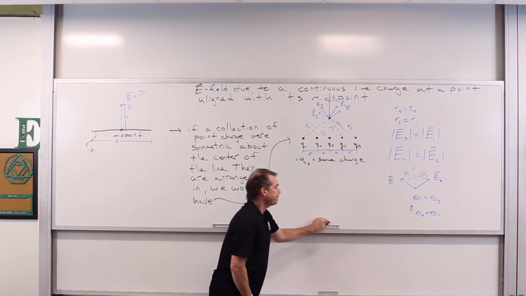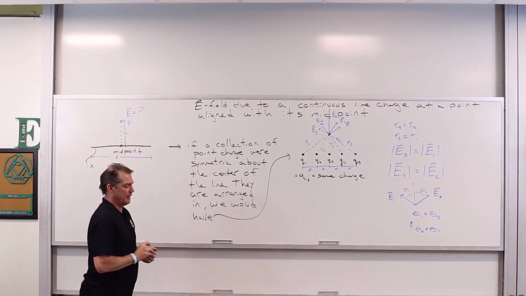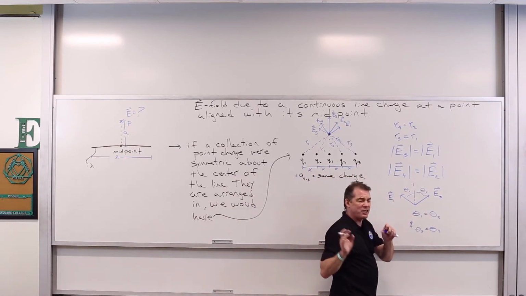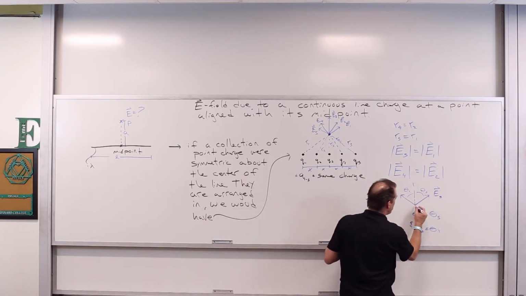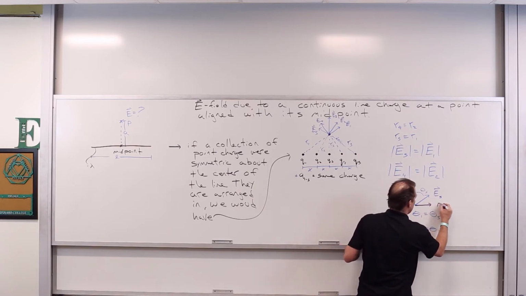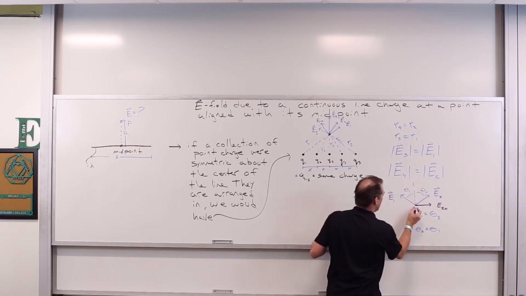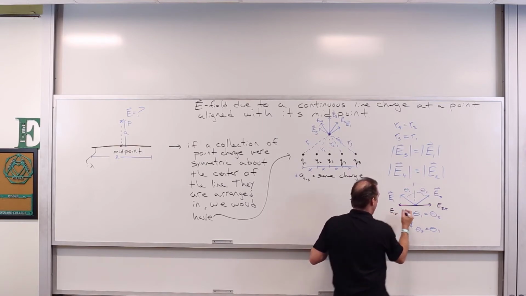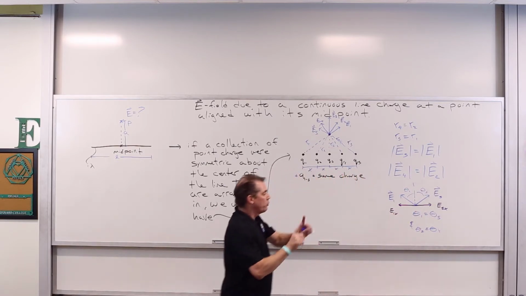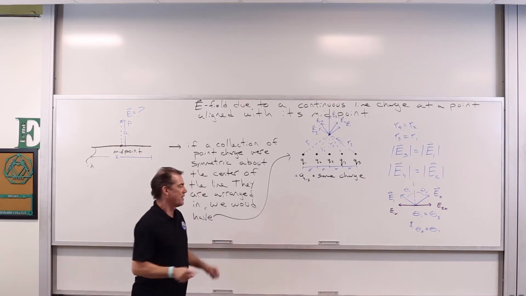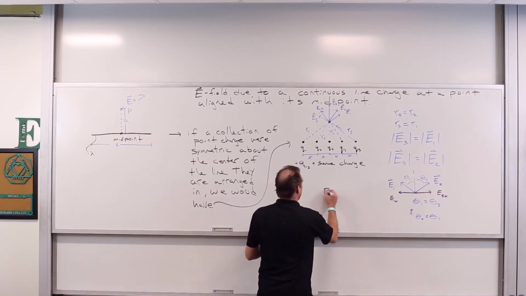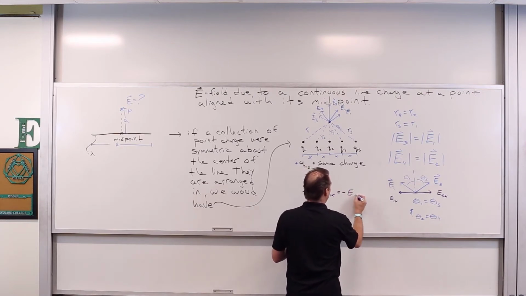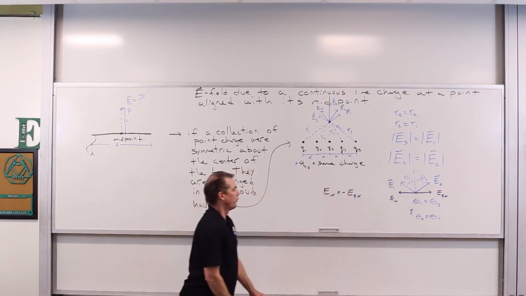Well, what happens then? Well, if we look at the x components of these two vectors, this one has an E5x, and this one has an E1x. Equal magnitudes, but opposite directions. E1x is equal to negative E5x. So what happens?